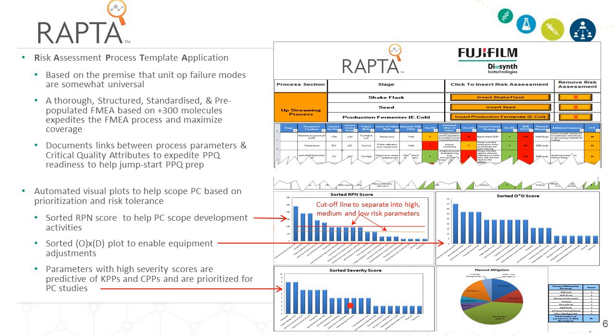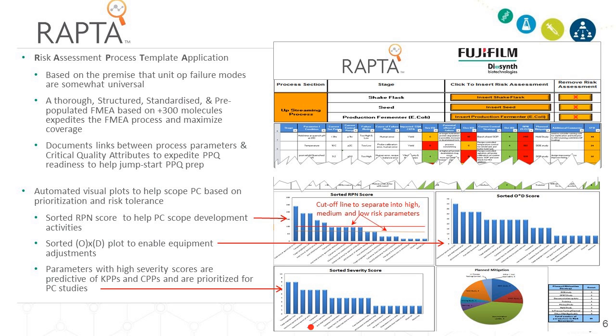And there are three analyses that are highly valuable. The first is to look at the risk priority numbers for each unit operation in order to determine the level of characterization that's necessary based on the risk tolerance for the program itself. The second activity is to look at the sorted occurrence and detection scores for each unit operation, and that helps to determine whether there are any equipment mismatches or improvements that can be done to reduce the risk for any unit operation and improve reliability.